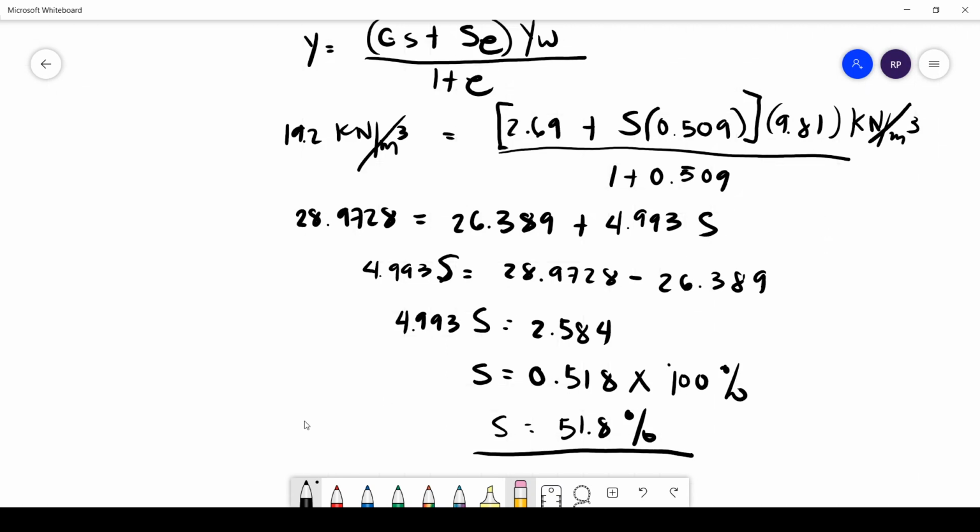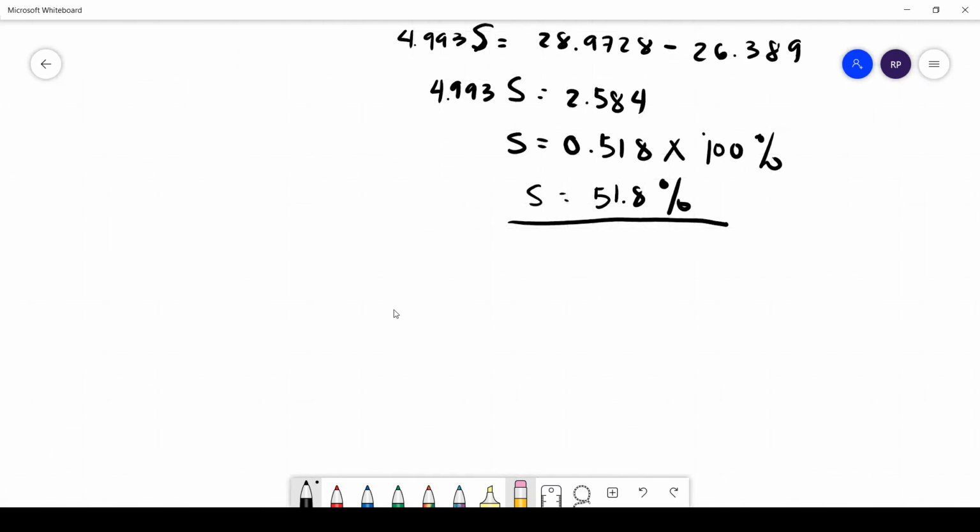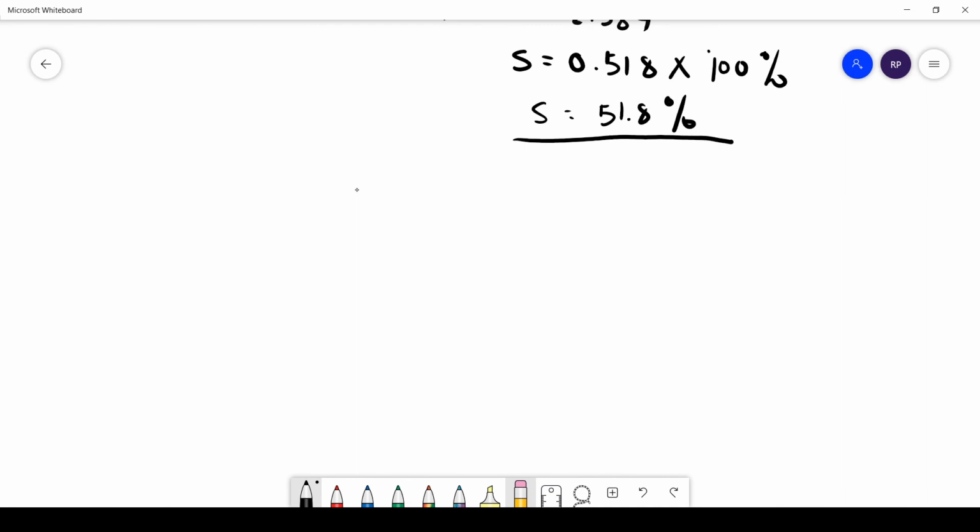Or else, okay, we can solve your degree of saturation using your equation, which is S E equals W Gs. So this degree of saturation S is for void ratio, moisture content W, and your specific gravity. Yan. Baunin nyo to. Okay? Yan. Solve natin kung pareho sila. So, degree of saturation S, E is 0.509.